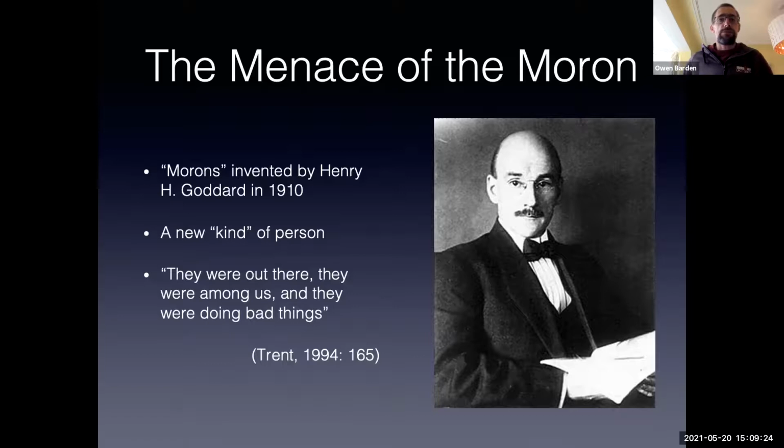So as James Trent puts it in his book around diagnosis at the time, the morons were said to be out there among us and they were doing bad things. So one of society's solutions to that was to institutionalize people, right? To bang them up, to lock them away. And that, of course, is still happening today, although we don't hear so much about it now.